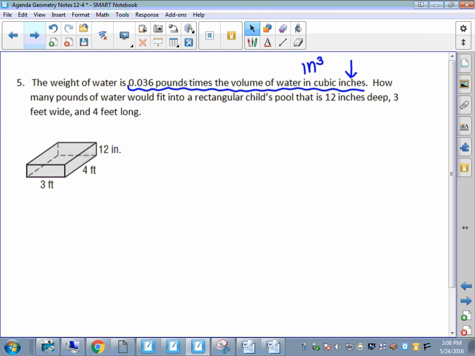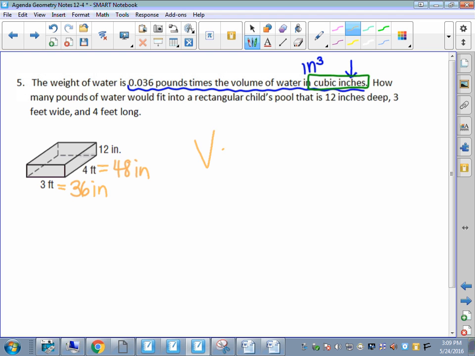It's 12 inches tall. We could turn that into a foot if we wanted, but this tells me that I probably want to turn it all into inches. So what's my 4 feet going to be in inches? Hopefully everybody knows there's 12 inches in every foot. So 3 feet. All this means is that when we find the value of the volume, it's going to be a large number. So volume equals area of the base times the height.